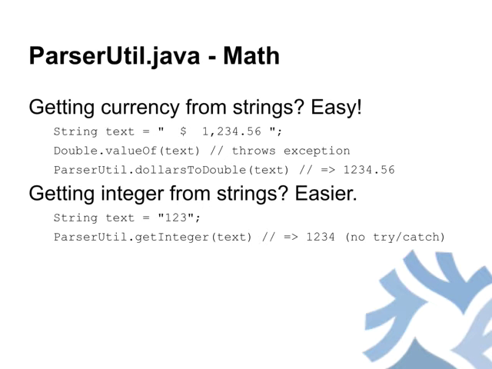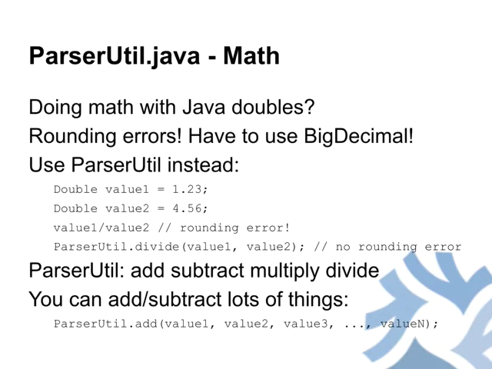The main benefit of calling ParserUtil.getInteger is that you don't have to include the try-catch. If the string can't be parsed as an integer, it will throw a parser exception that's easier for our system to log and take care of.